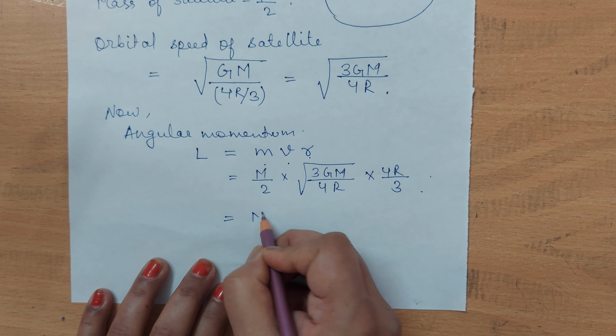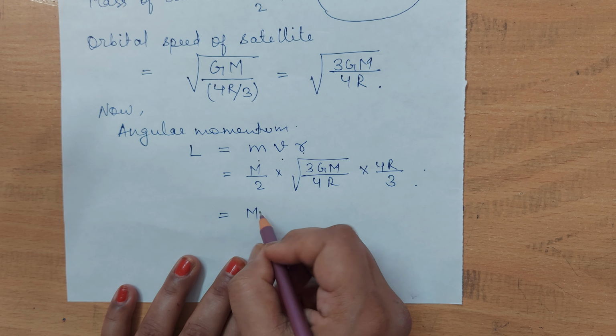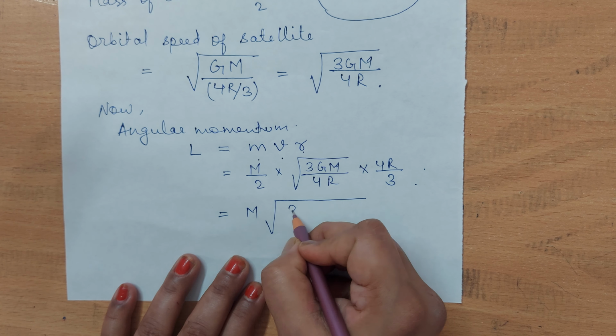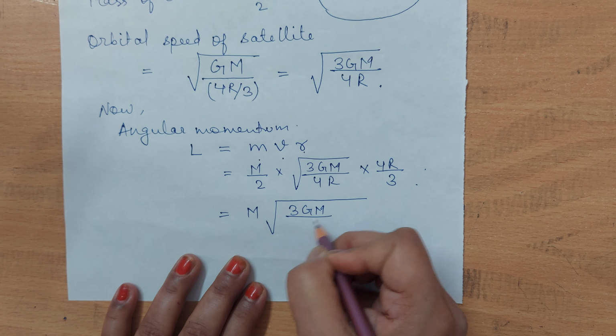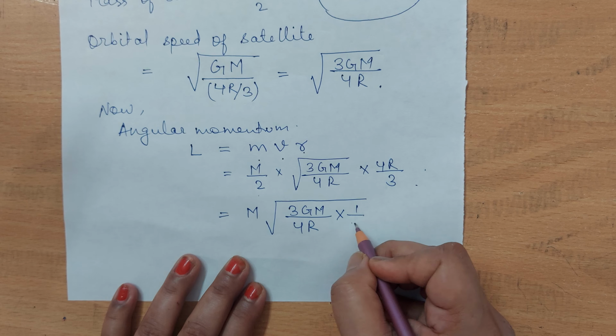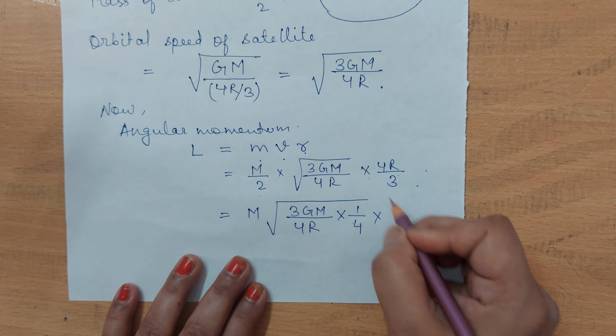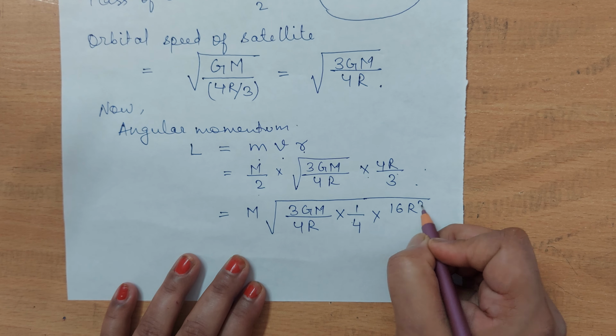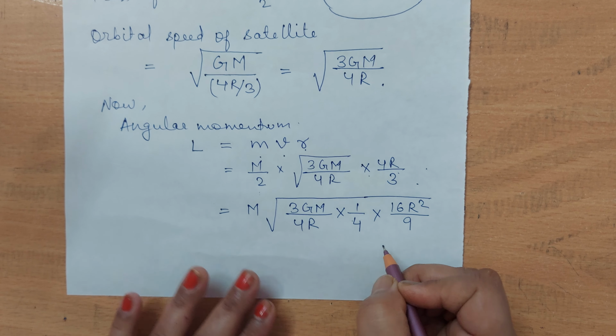So we can say L is equal to m root under 3GM by 4r. This 2 will come inside and will become 4, and this will come inside and will become 16r square by 9.